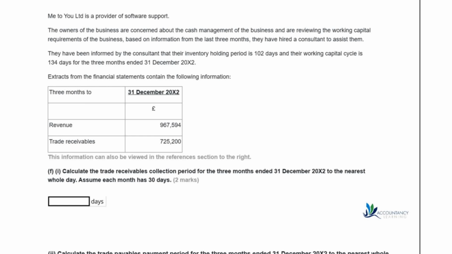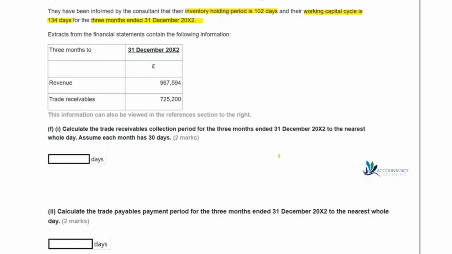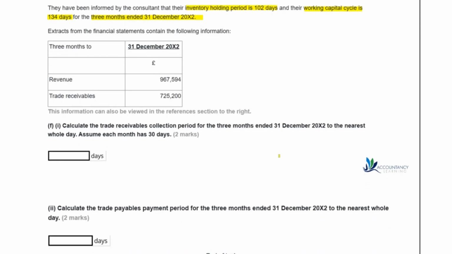They have been informed by the consultant that their inventory holding period is 102 days and their working capital cycle is 134 days for the 3 months ending the 31st of December 20x2. We're then given some extracts from the financial statements, so we know what our revenue is and we know what our trade receivables is.